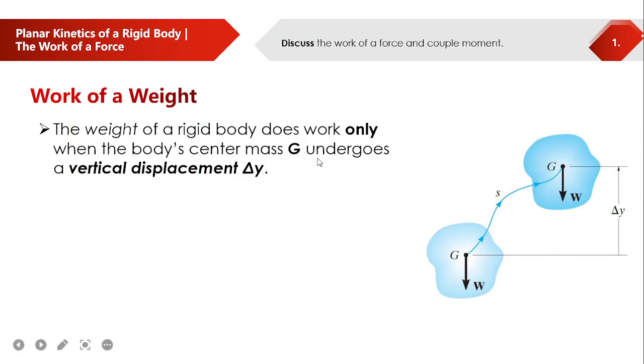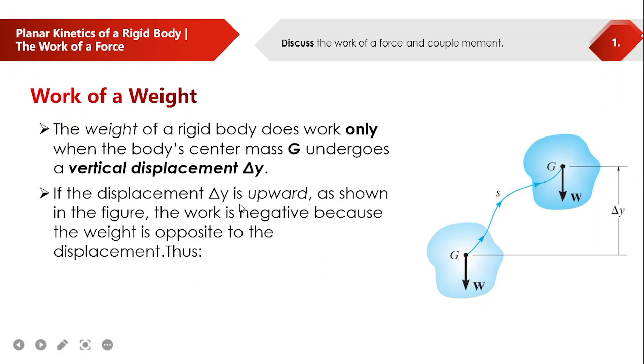So, if the displacement delta y is upward, as shown in the figure, the work is negative because the weight is opposite to the displacement. Diniscuss na natin to. If opposite direction yung force tsaka displacement, your work will be negative. And if otherwise, it will be positive. So, that will be negative: weight times delta y.